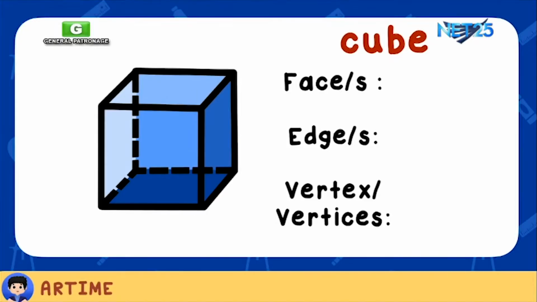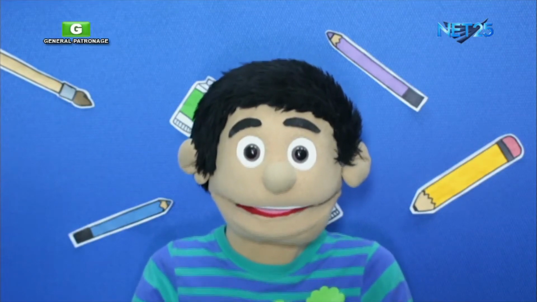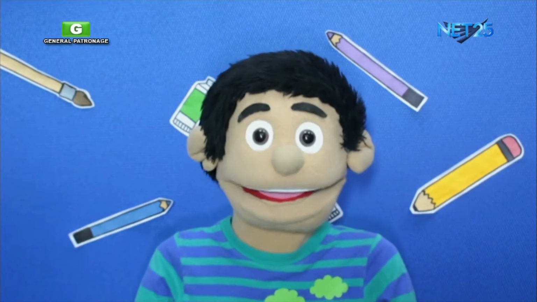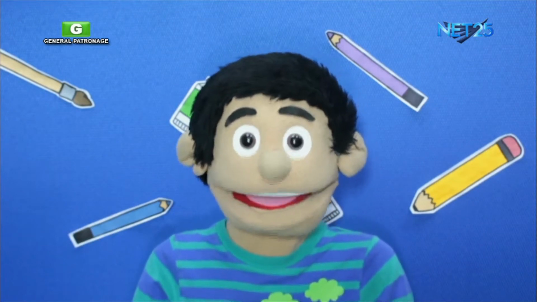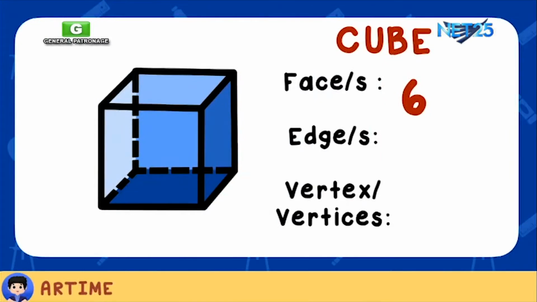So, 1, 2, 3, 4, 5, 6. There are 6 squares on the cube. That means there are 6 flat surfaces. That means 6 faces. A cube has 6 faces.